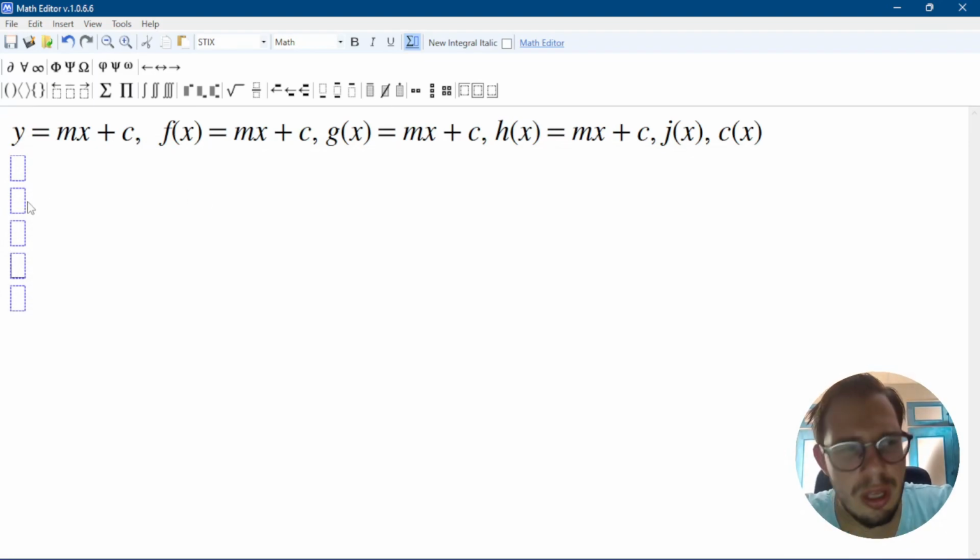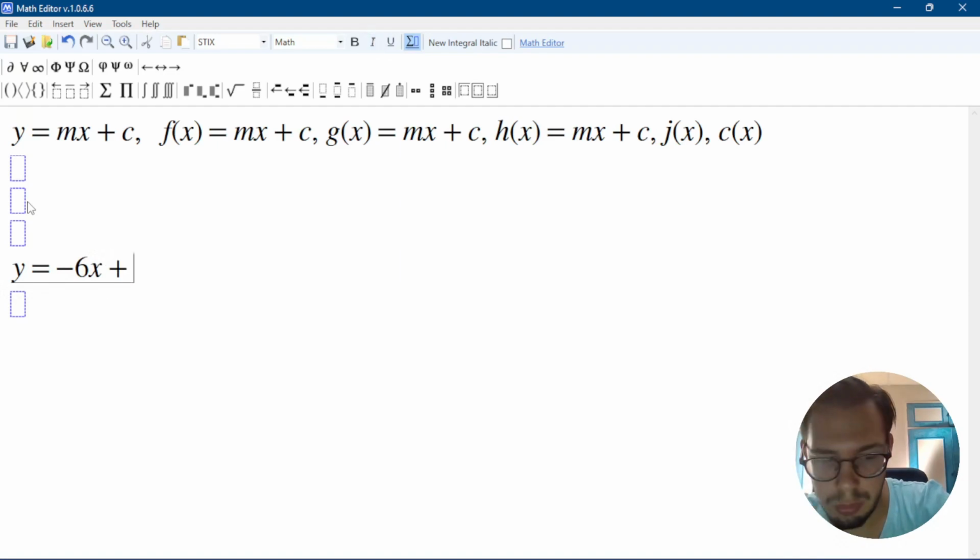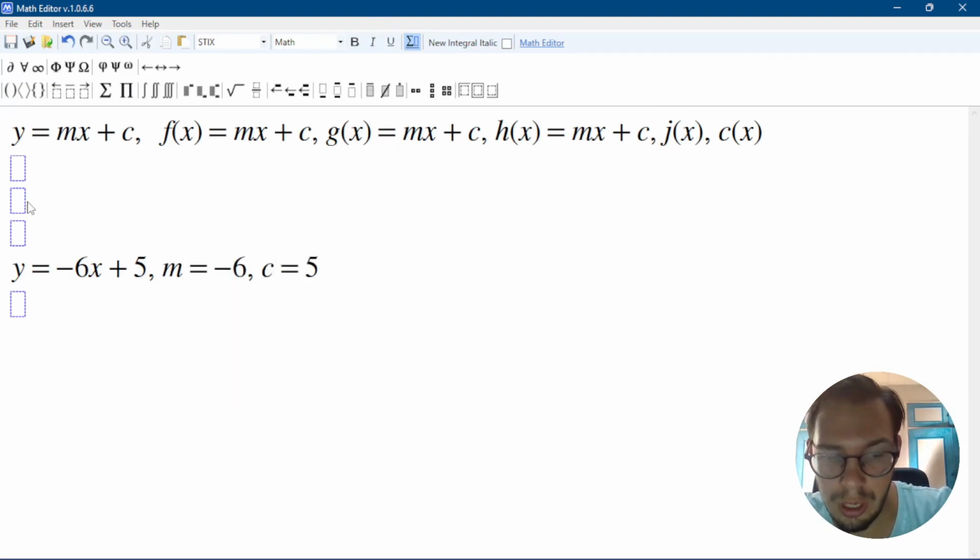So usually m and c are whole numbers, like y is equal to minus 6x plus 5. So then m is equal to minus 6 and c is equal to 5.